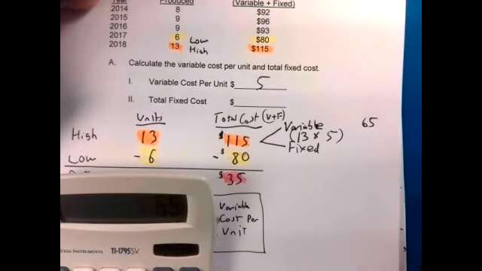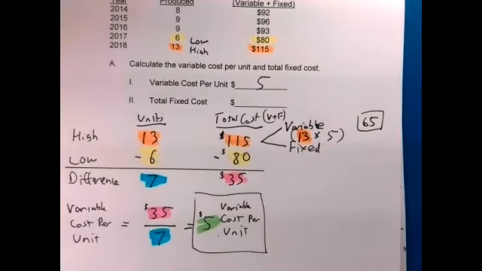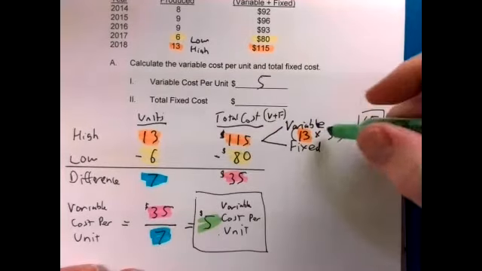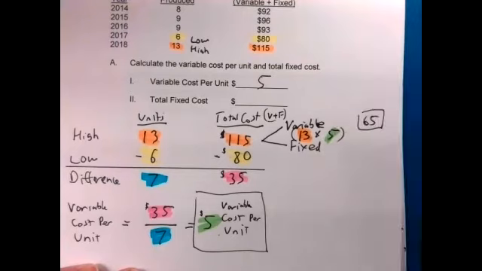Okay, so if 65 is variable, question is how much is fixed? What will be the rest of those? Let me mark these for a second here. This is 13. That's the 5.